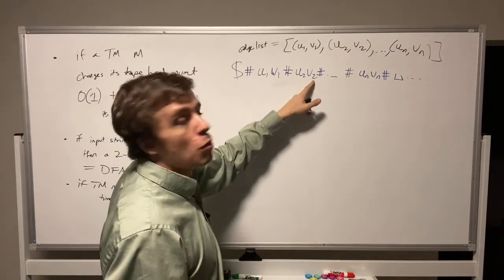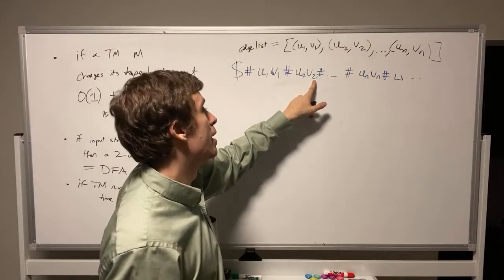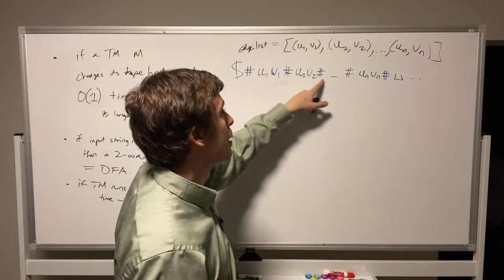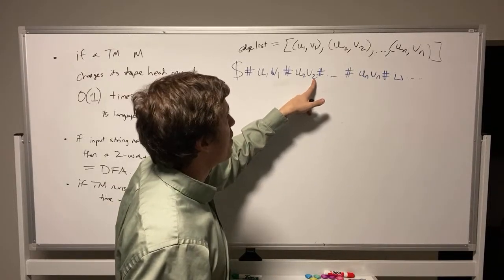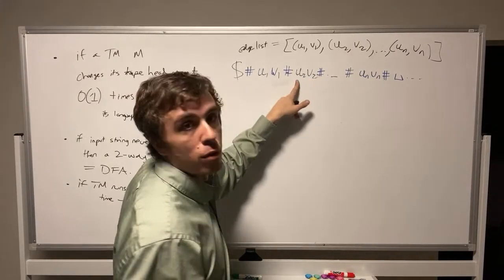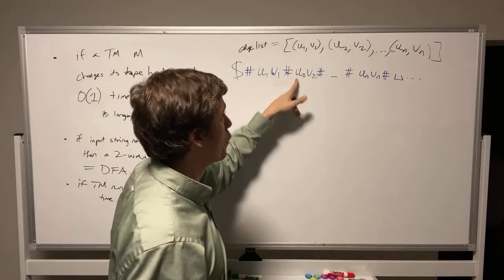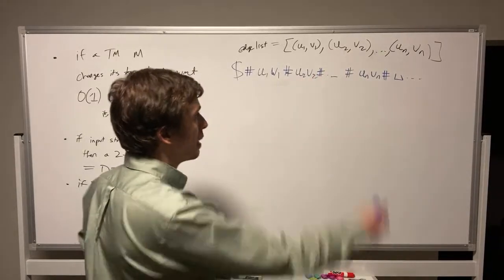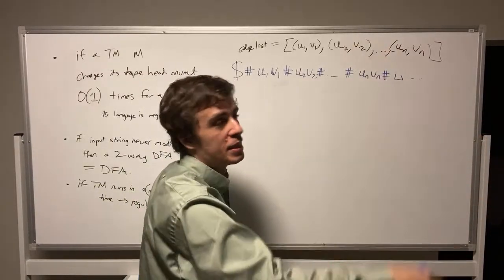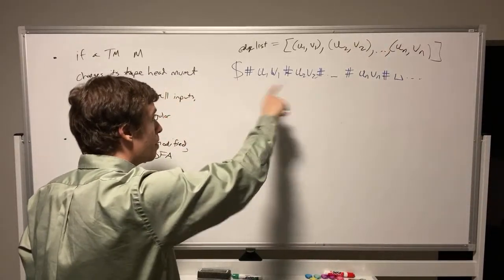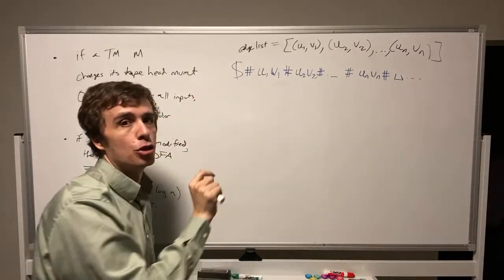Maybe I want to know what V2 is next to. So I scan in here and ask, where's V2? Well, it's right here. If this is the second guy, then I look in the first one. If it's the first one, I look in the second one. When I find one, I go all the way to the end and put it down. Then I go back to where I was and continue searching.